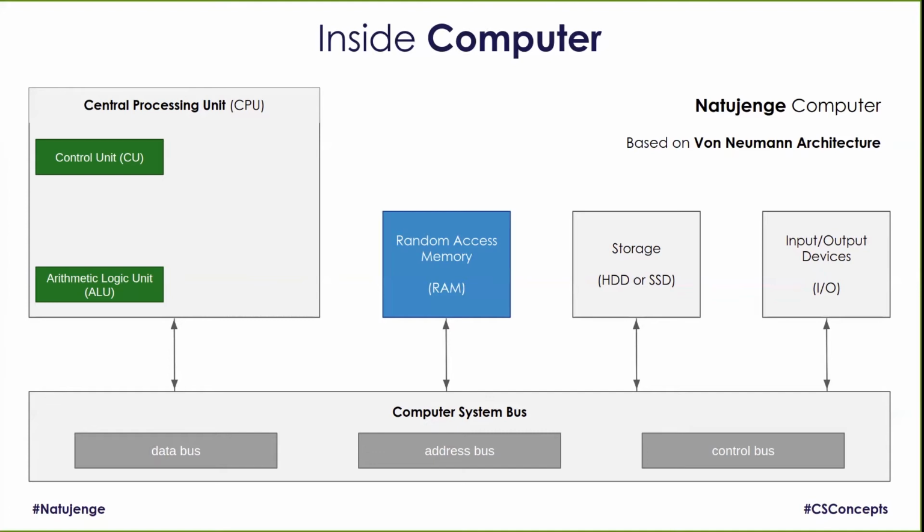I'll deal with three types of register, and the first one I'll call the program counter. The program counter is a register that is used to keep track of the instruction number that we are executing.